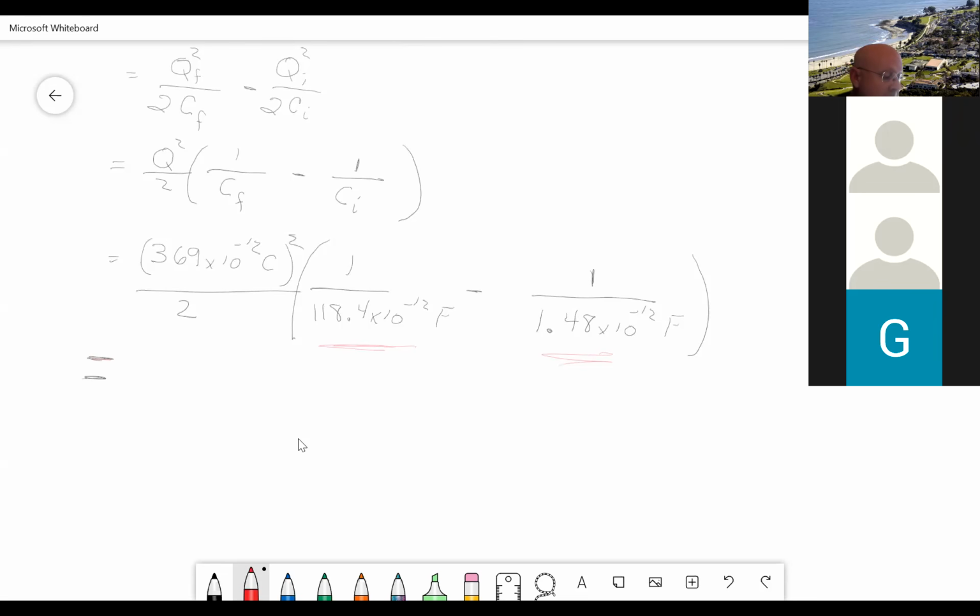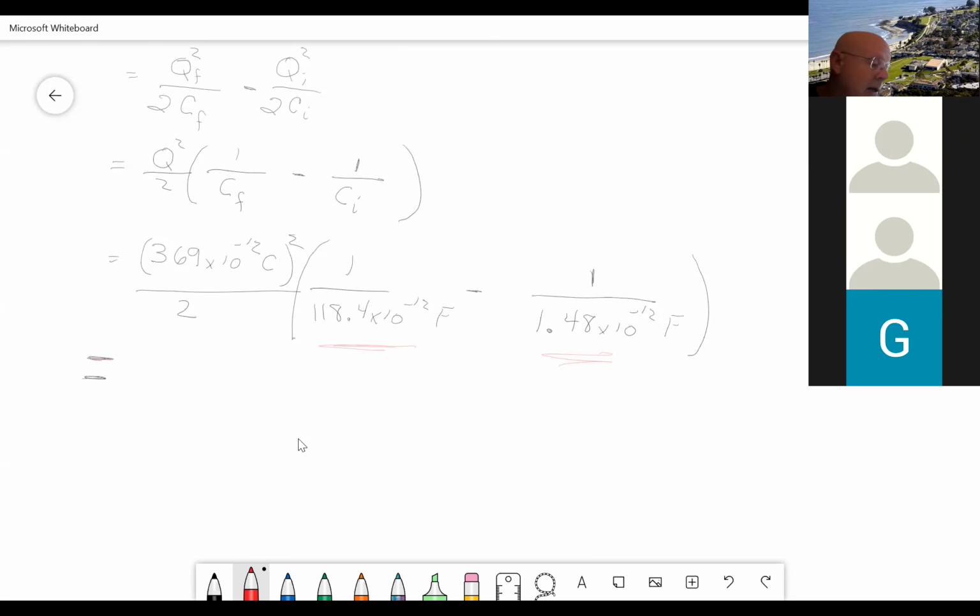Once I have that, I can then go times, by the way, that comes out to be a negative 6.67 times 10 to the 11. So then times 369 times 10 to the negative 12, and I'll square that, and then divide all of that by a 2.